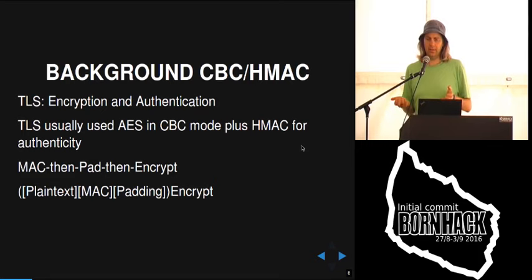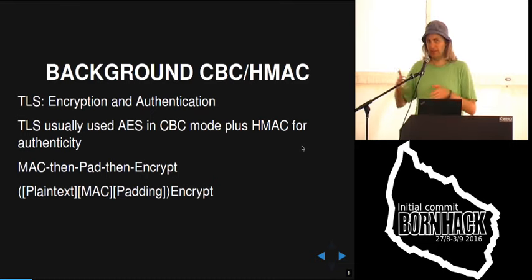The CBC mode does the encryption and the HMAC does the authenticity, so it guarantees that nobody changes the data on the way. And the way that this is done in TLS is the so-called MAC then encrypt, or more precisely MAC then pad and encrypt. So it first calculates the MAC and puts it after the plaintext.